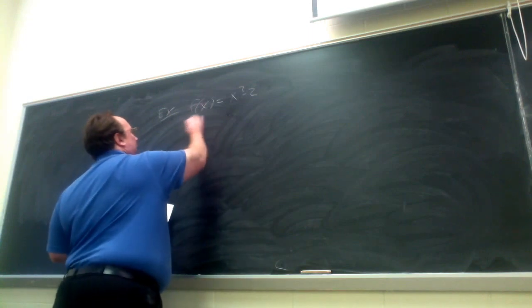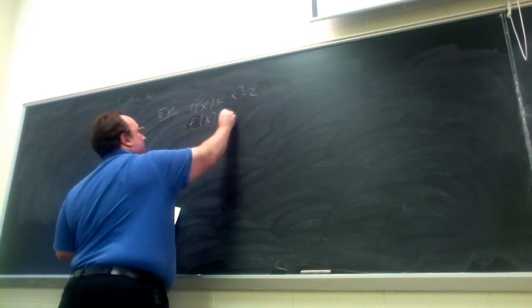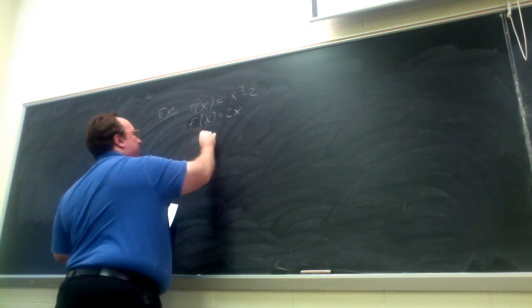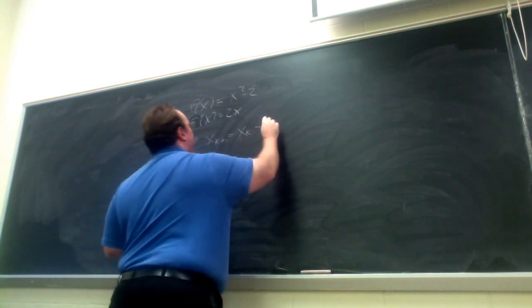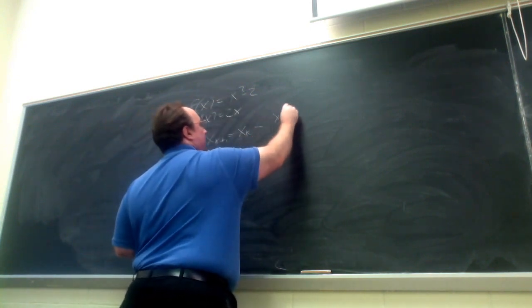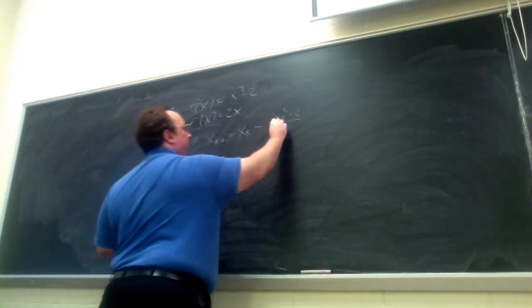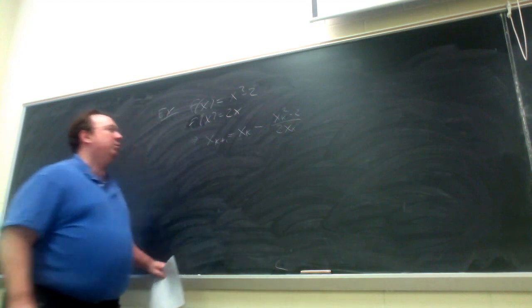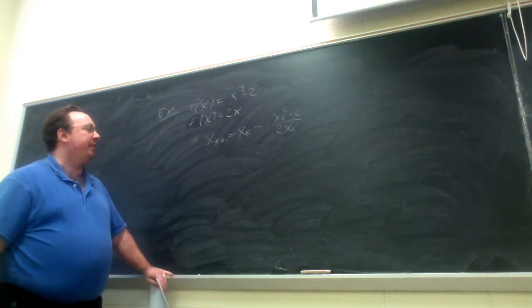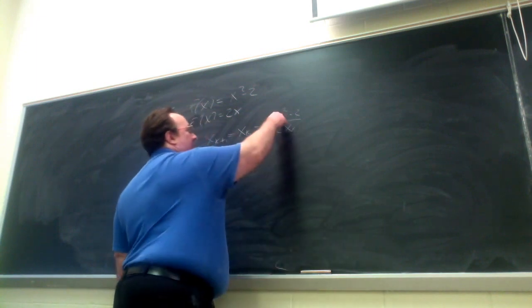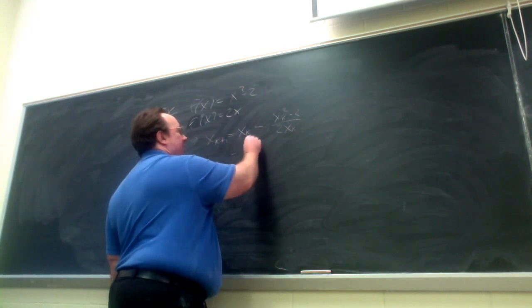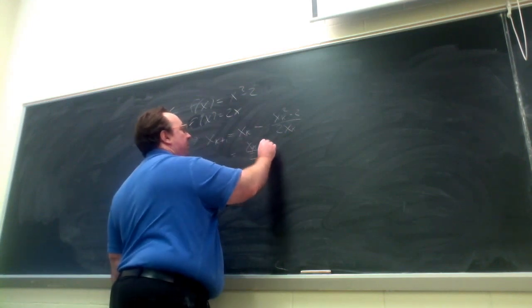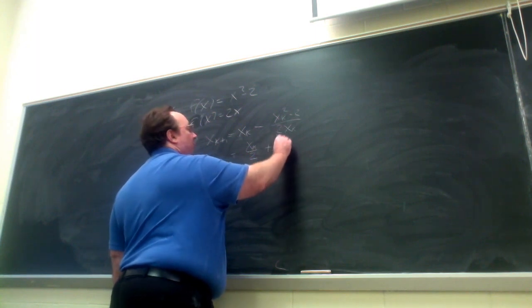So f prime is just going to be 2x. Now our Newton's iteration is x_{k+1} equals x_k minus f(x_k) over f prime(x_k). Now we can simplify this, because if I break this into two fractions and simplify as much as I can, I get x_k over 2 plus 1 over x_k.